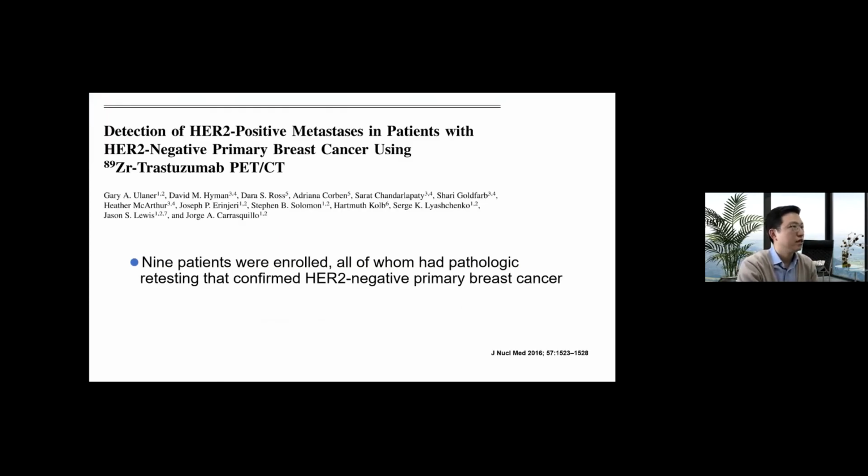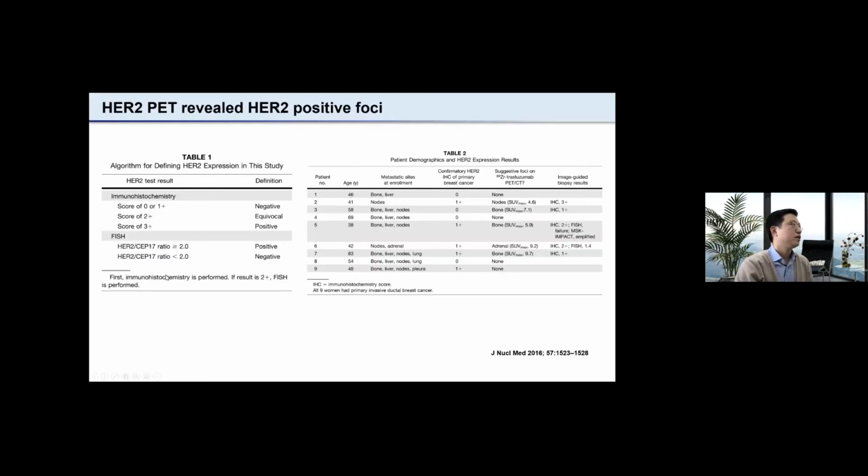Then this study is thinking in reverse. The previous study enrolled patients who were initially HER2 positive, but in this study, they enrolled patients who were HER2 negative according to the gold standard. Although they included only 9 patients, these are the definitions of HER2 expression, which I explained already.